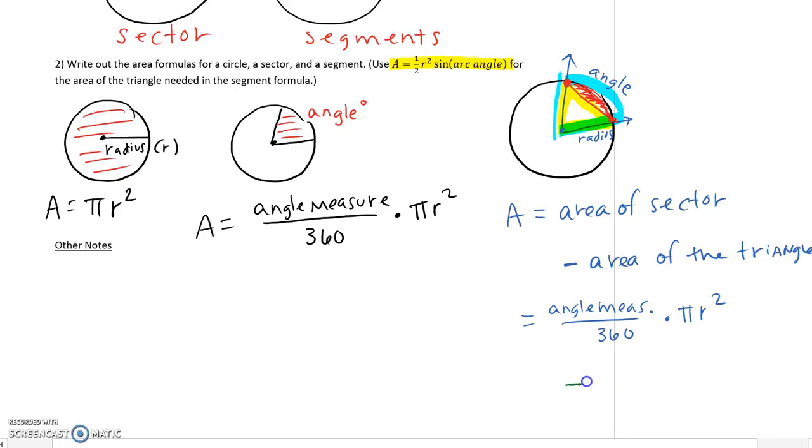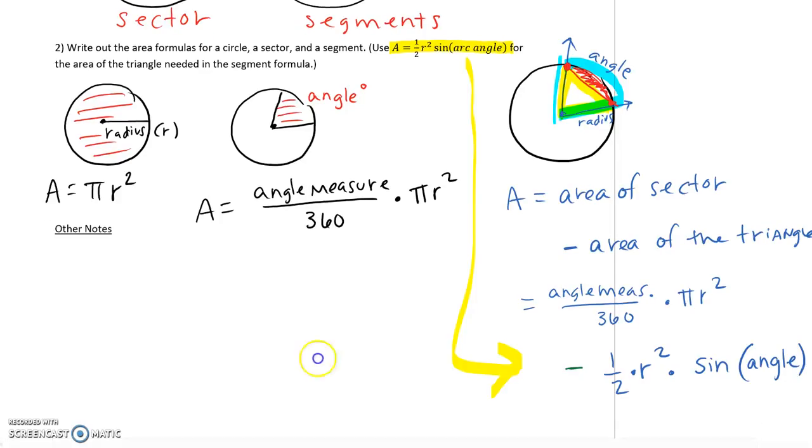So minus the area of the triangle, I highlighted it up here. It is, and I'm not really going to explain it, you're just going to have to trust me, 1/2 times r squared times the sine of whatever that angle is. So that angle is really important. Sine is a button on your calculator.